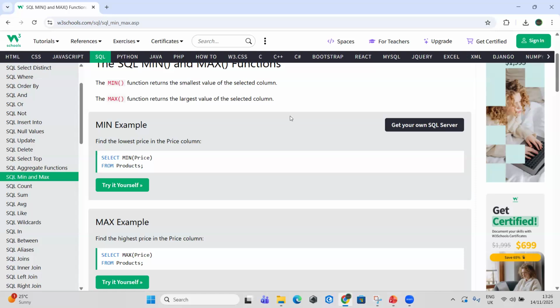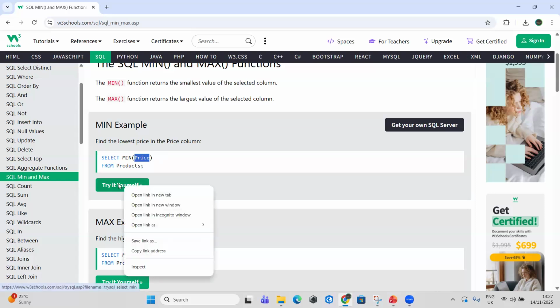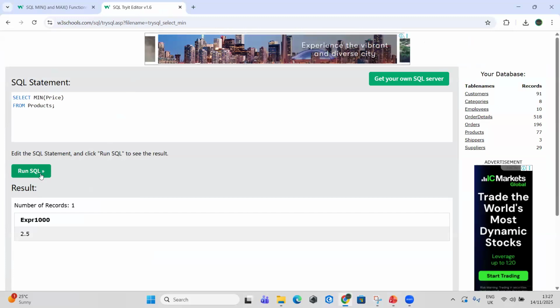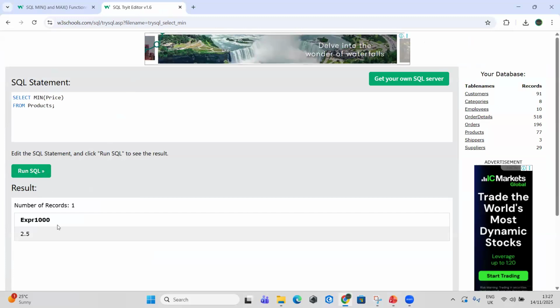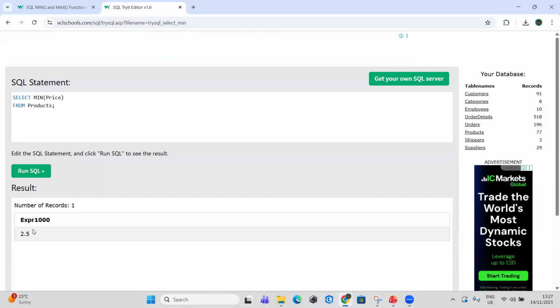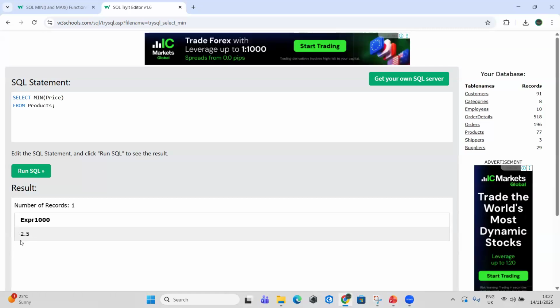You see, there is no star or anything. I just want the minimum price. I don't want any other column. So what it does is select the minimum. It just gave me one record, that is 2.5. Maybe $2.5.